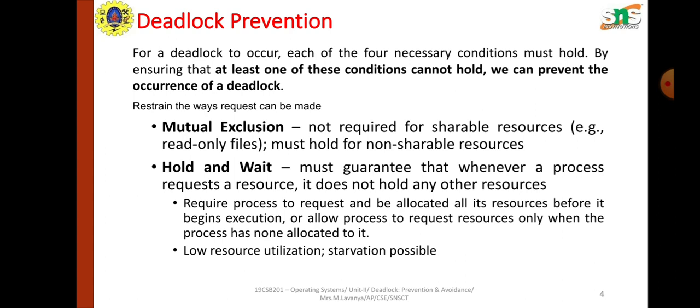If a reading file is being held by a process and another upcoming process is requesting another read on that resource, then the read access for the new process can also be allocated simultaneously. In this situation, the deadlock occurrence due to mutual exclusion will be avoided.